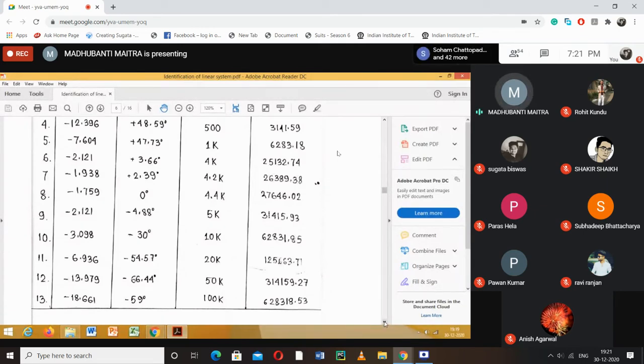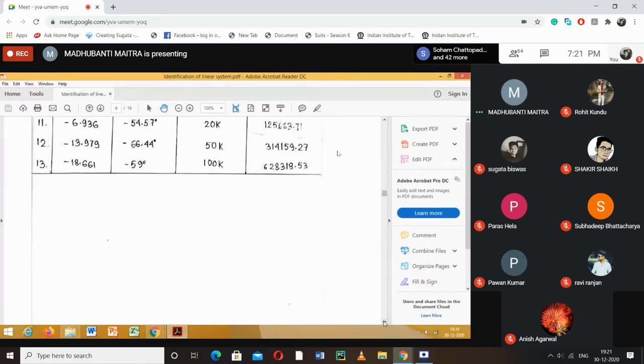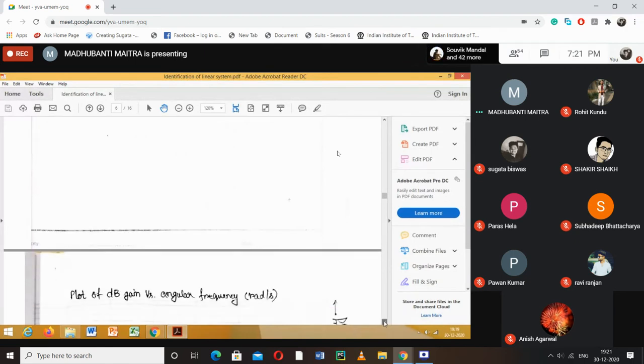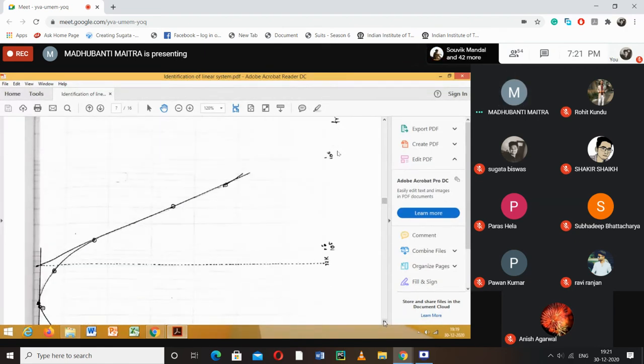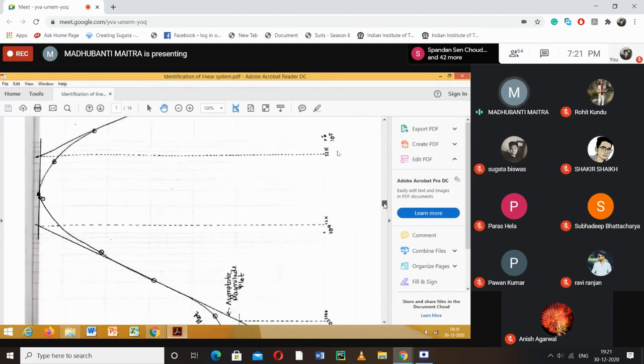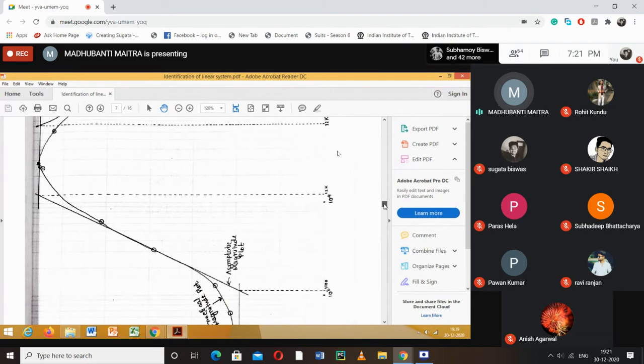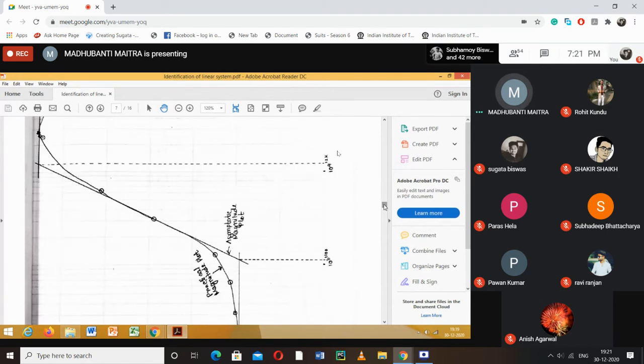So from this, you should draw the Bode plot on your own to gain some insight on this particular experiment, because as I said in the theory class, I'll constantly refer to this experiment.